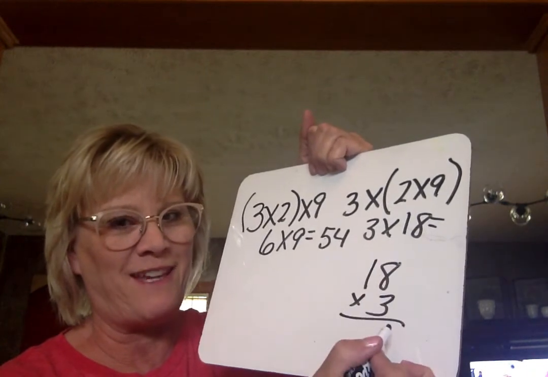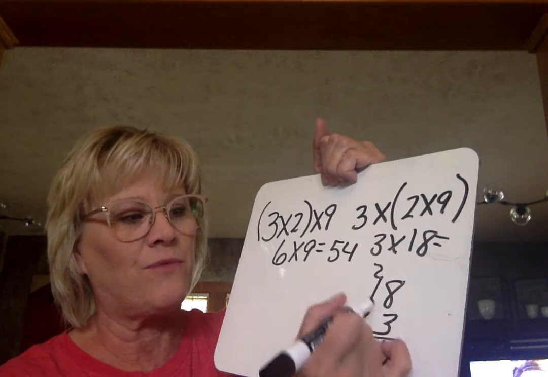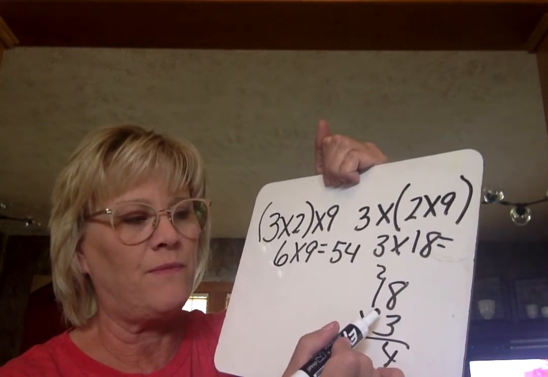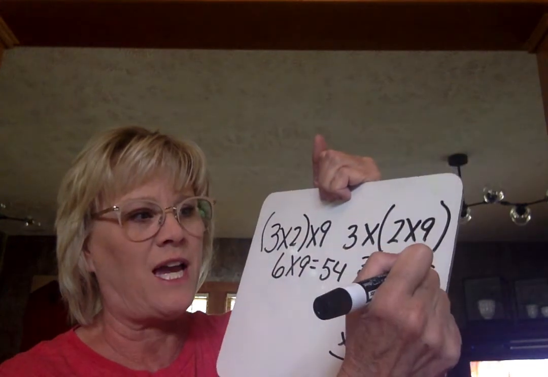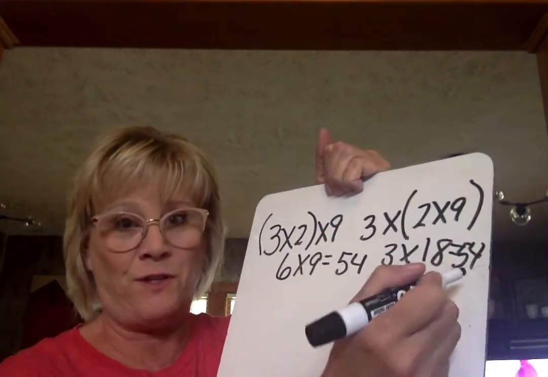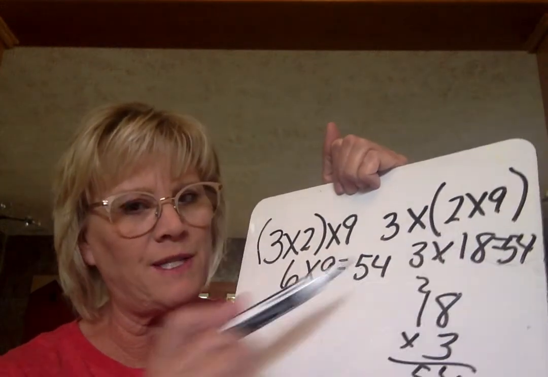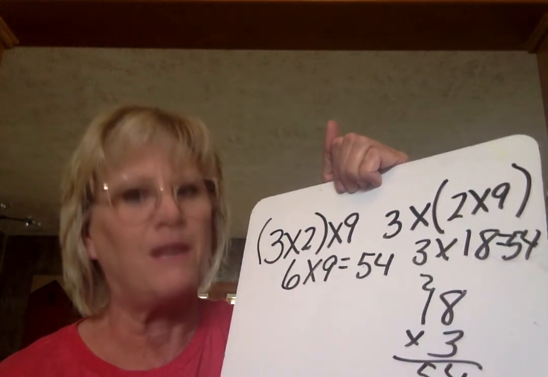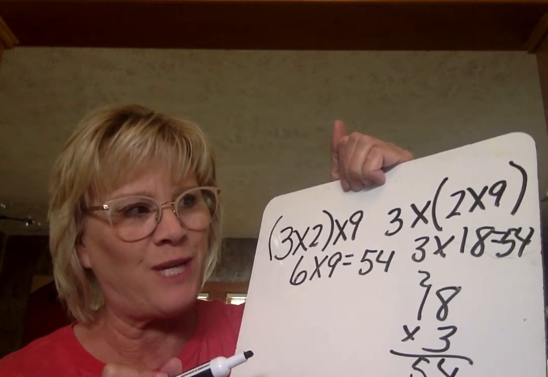What's 3 times 8? 24. 3 times 1? 3 plus 2? 5. 54 for the same. Which way was easier, the first way or the second way? I bet most of you are saying the first way.